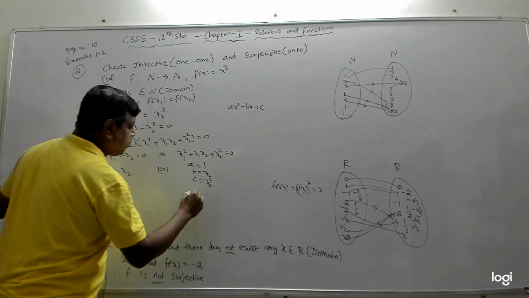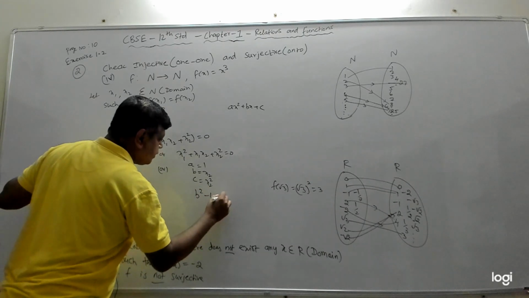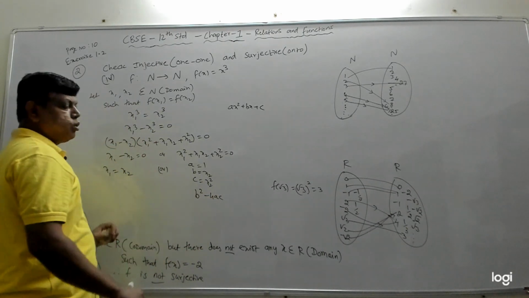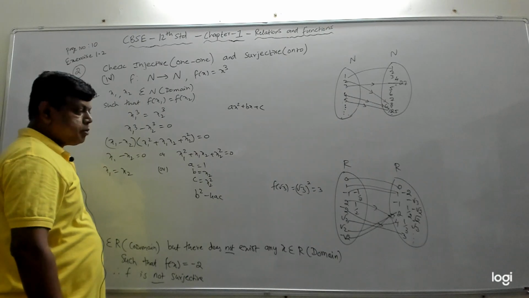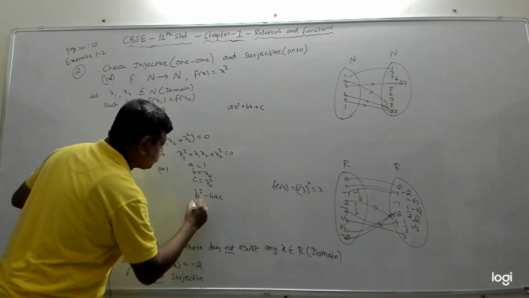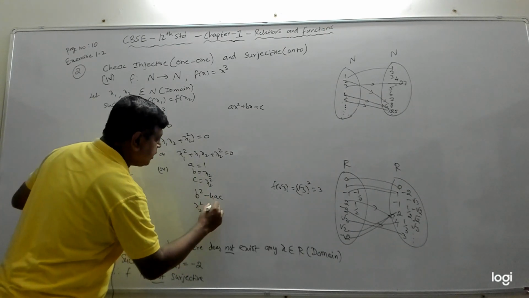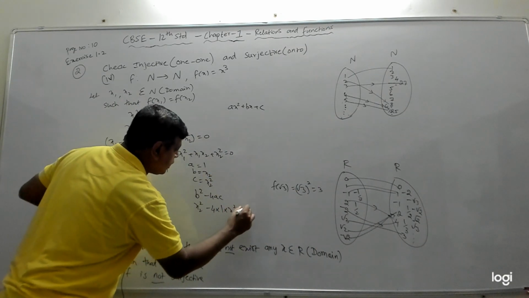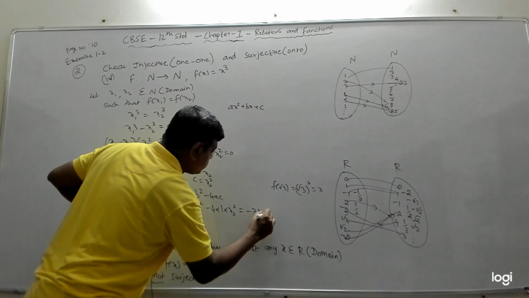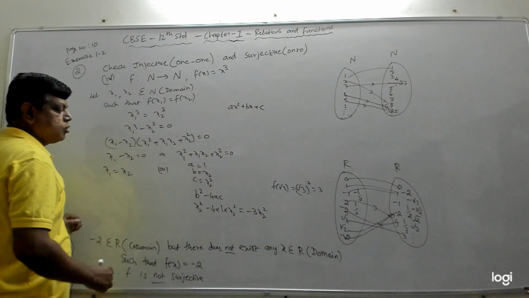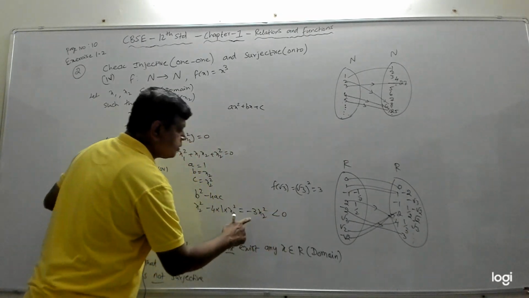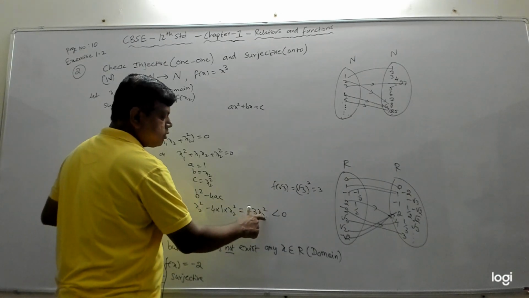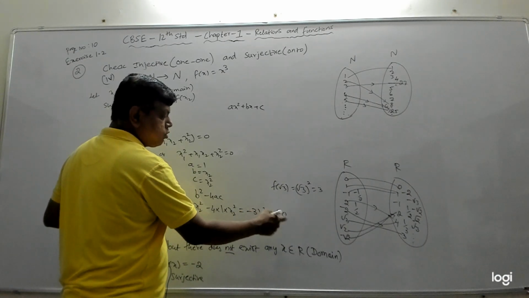Now let's try to find what is b square minus 4ac. We'll try to see whether it has real roots. So b square minus 4ac is what? B square is x2 square minus 4 into a is 1 into c is x2 square. So that will give you minus 3 x2 square, which is negative. Minus 3 is negative, x2 square is always positive, so minus 3 x2 square is always negative.